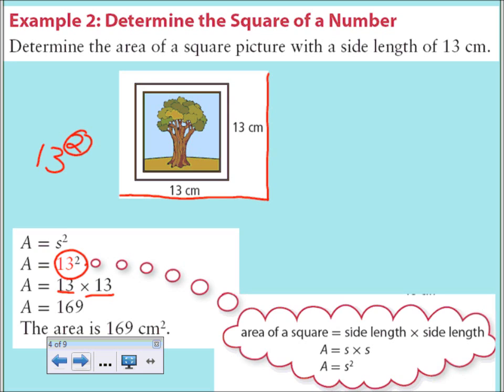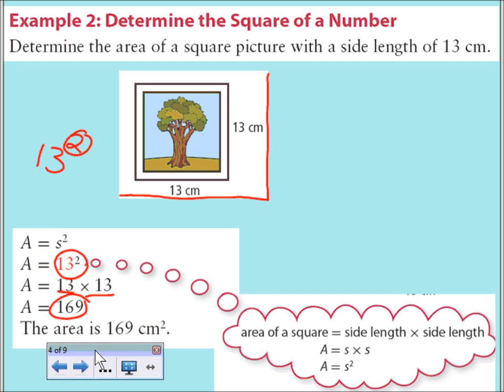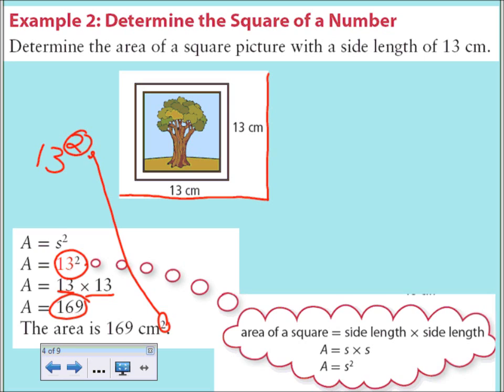We know that when we type this into our calculator, or if we know our times tables well enough, 13 times 13 equals 169. So the area is 169 centimeters squared. You'll notice that centimeters squared matches with this centimeters, or this square up there. So when you see 13 and 13, I hope you think square, and you think 13 times 13.